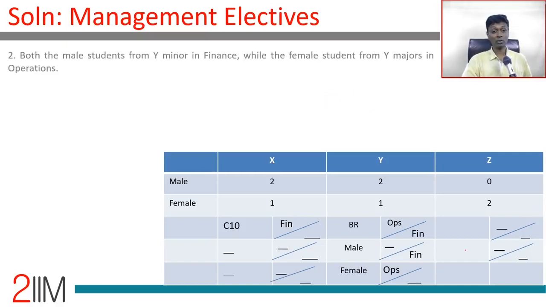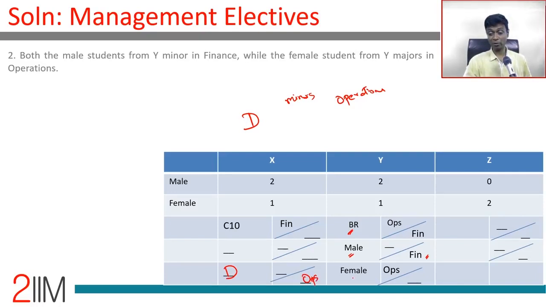Both the male students from Y minor in finance, while the female student from Y majors in operations. So this is male. One more male minors in finance. The female majors in operations. Remember, we already know Daisy minors in operations and Daisy is not in Z. So Daisy cannot be in Y as well, or Daisy has to be in X and she has to minor in ops.